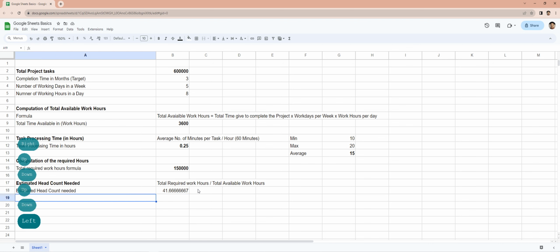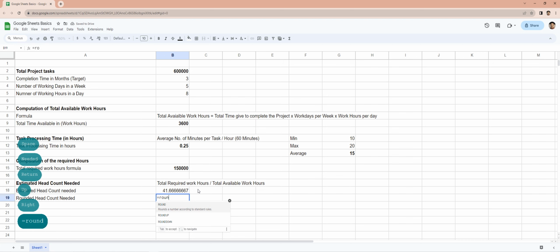For that reason, I would use the round formula, and the rounded headcount needed will be equal to round of this one. If I don't give any decimal value to round it off to, it would round off to the nearest whole number. So that will come to 42.